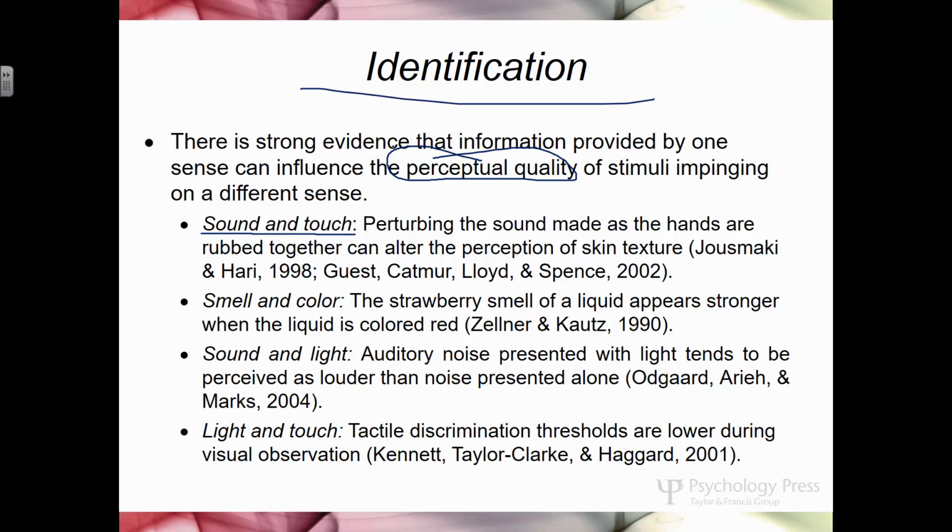If you change the sound that's made while you are rubbing your hands together, it can actually change your perception of skin texture. You rub your hands together and think, that's pretty smooth. Change the sound, and you'll think your hands are really rough, when in fact they may be the same texture. They just may be changing that sound.